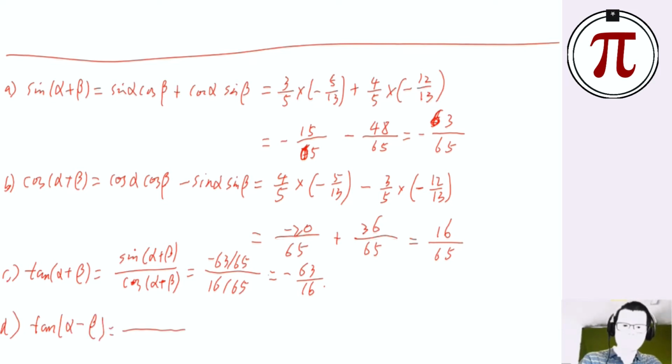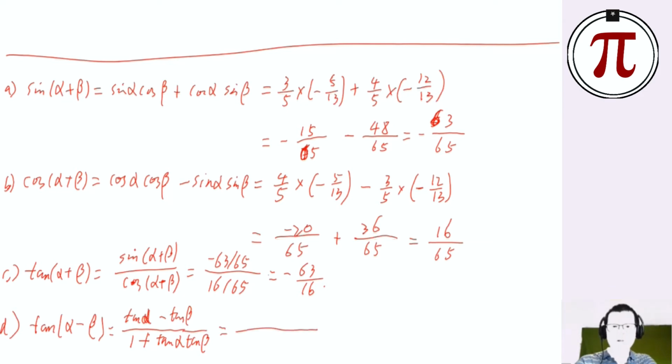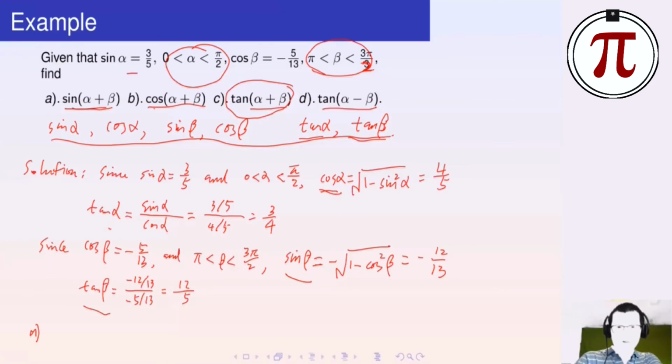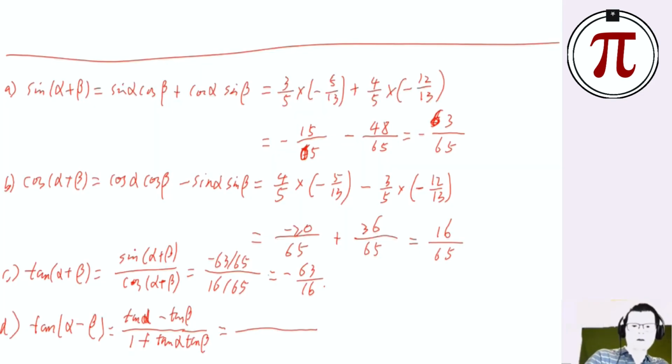Now we can just use the difference formula for tangent. This is tangent alpha minus tangent beta over 1 plus their product, tangent alpha times tangent beta. We know that tangent alpha is 3 over 4 and tangent beta is negative 12 over 5.